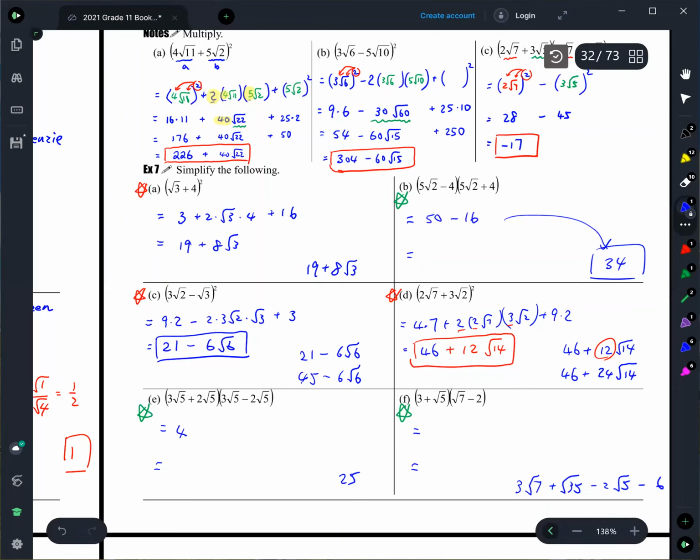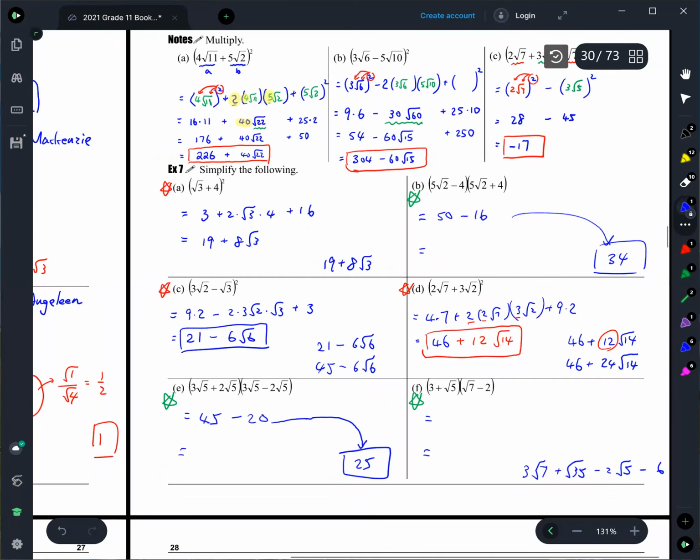Okay, 45, very good. 45 minus B squared. What's B squared? 4 times 5, which is 20. Yes. And what does that equal after you subtract? It's 25. Okay, so that one's correct as well.